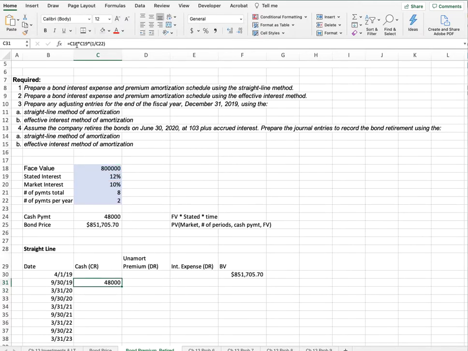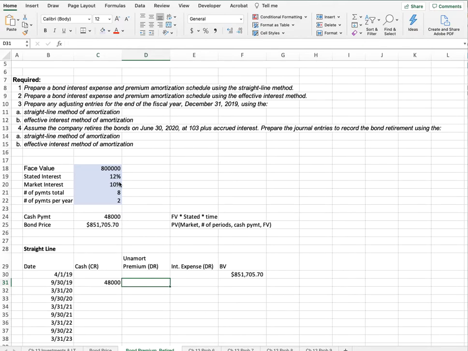Let's go ahead and make these absolute cell references so that we can drag this formula down. If you're on a Mac, that's Command T. If you're on a PC, I think it's FN or function F4 maybe. You might have to Google that and confirm that. I apologize.